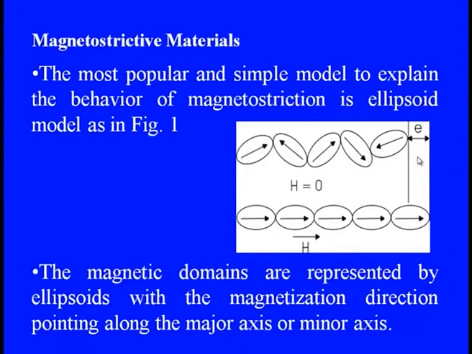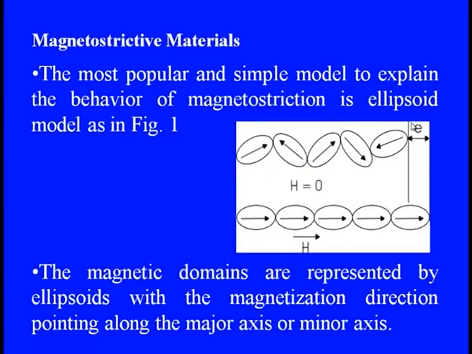As I showed you, when they are randomly oriented, meaning no magnetic field is present, H equals 0, all the ellipsoids are randomly oriented and the direction itself varies. When the magnetic field is applied in the H direction, all these ellipsoid molecules are arranged, and because of that we have a clear strain or extension.